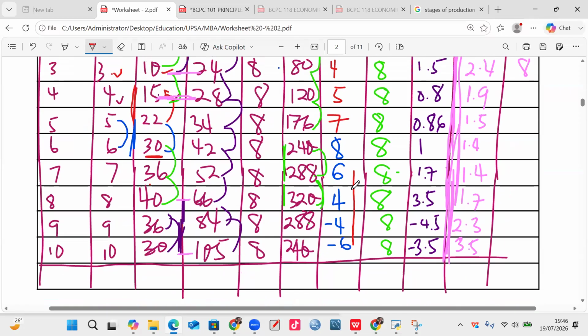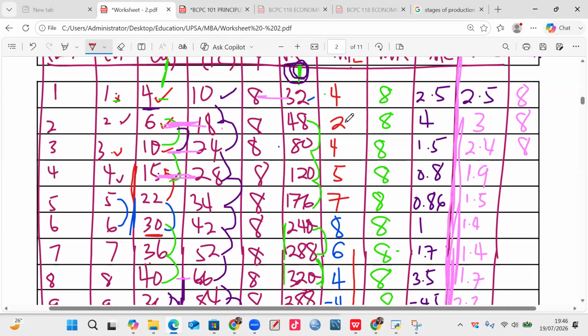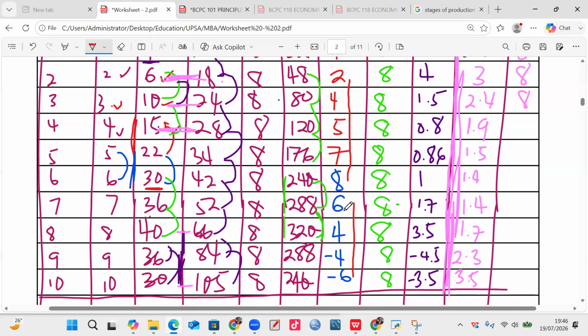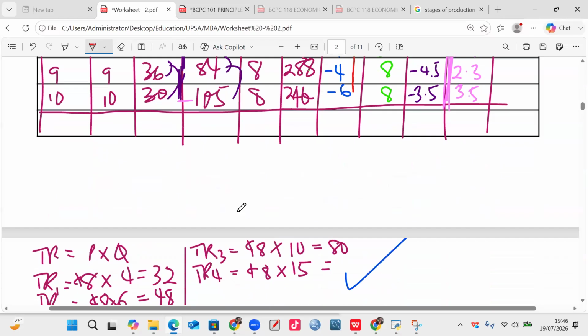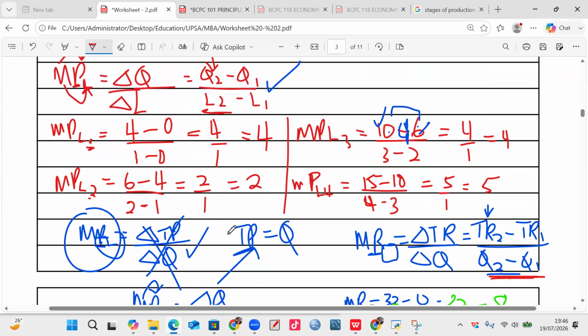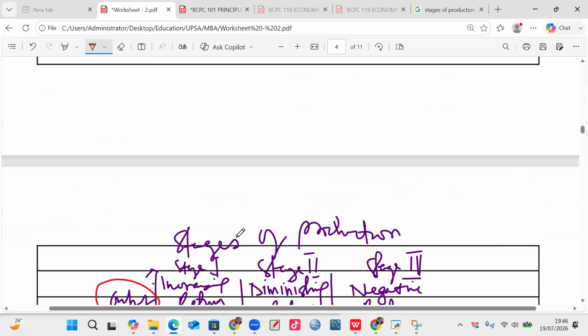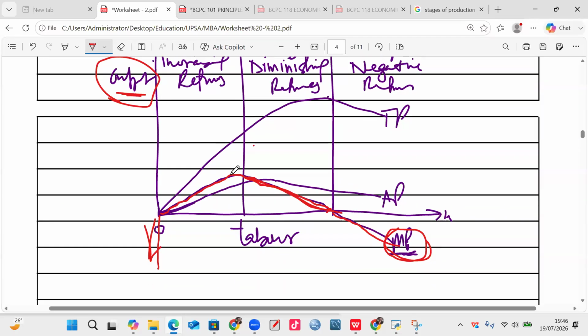So it has started to fall. If you choose 4, you may be wrong, because after 4, though it fell, it increased again. But where did it actually start to fall deeper and deeper? It started to fall at where? 30 was the maximum. At 30, it has reached the top, the turning point at the top. So at 36, it started to fall.